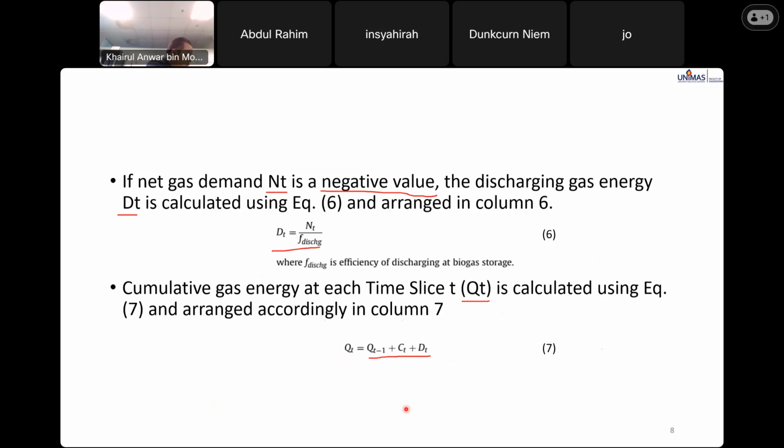So time slice 3 is plus time slice 3 because it's charging. How about time slice 5? That one is discharging, so minus. 11,073.85 minus 3,709, and you get for time slice 5 a cumulative energy Qt of 7364 gigajoule. And so on until time slice 24.